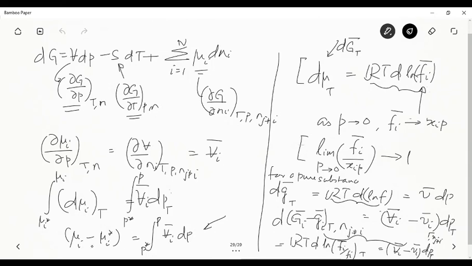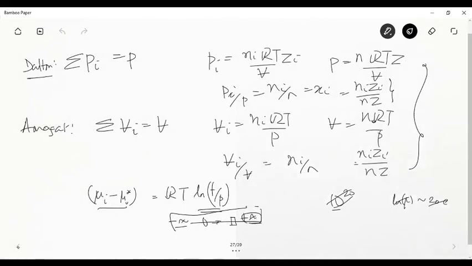So when we defined the fugacity from the basic definition, we said that mu i minus mu i star, which is a reference state, is the integral from P star to P of V dP. Now we then said that the fugacity can be evaluated using this, where this is for a mixture. Let's go back to the pure substance page.